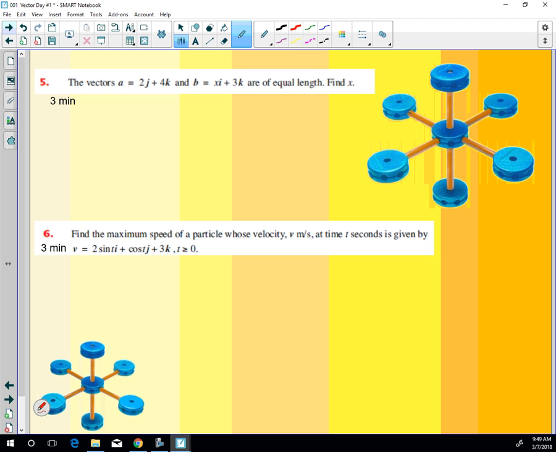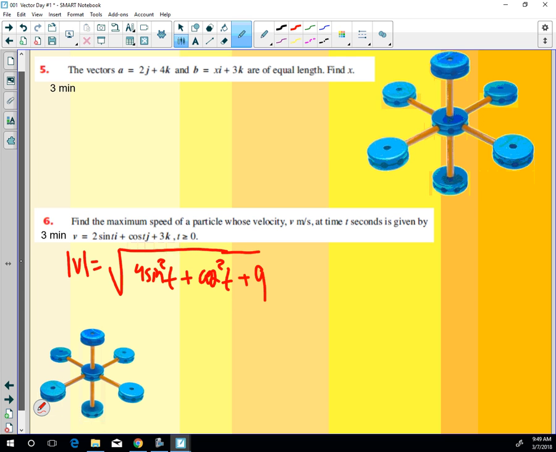Probably not, because what we need here is the magnitude of it first. So the magnitude is the square root of 4 sine squared t plus cosine squared t plus 9, right? And then the maximum speed of that is, I think you're going to set the derivative of that equal to 0. Does that sound right?